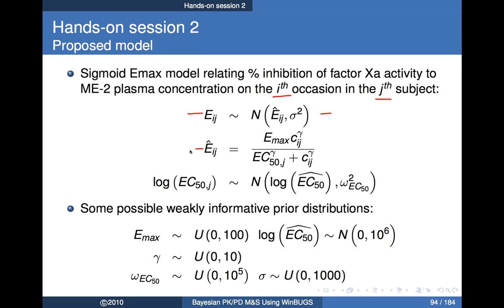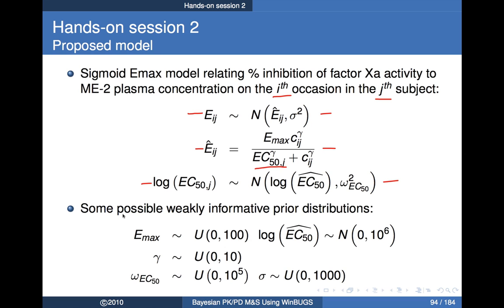Our mean effect here is going to be our sigmoid Emax model, no intercept. And then we're going to allow for inter-individual variation in EC50. Thus there's a subscript J on the EC50, and that's going to be log normal inter-individual variation.